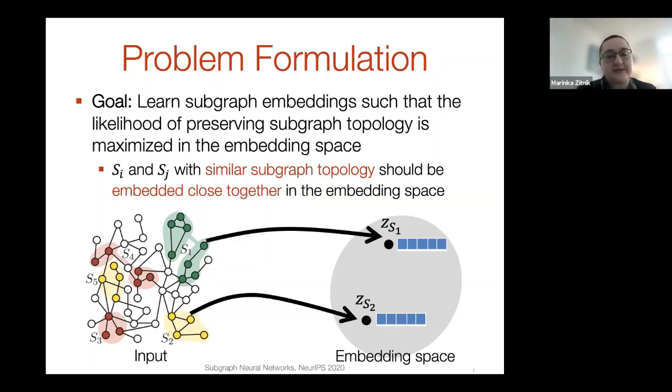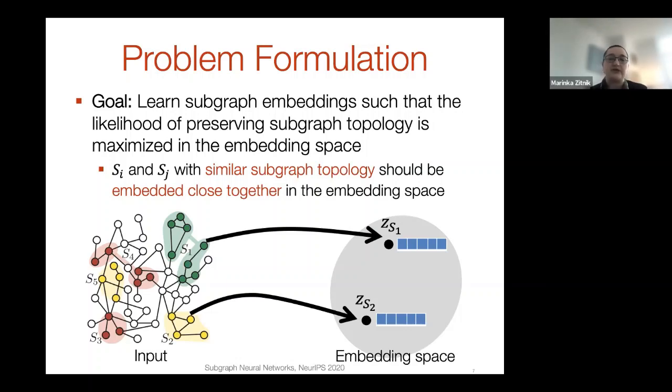So in other words, what we aim to achieve is that if two subgraphs, S sub i and S sub j, have similar subgraph topology in the input graph, they should be embedded close together in the embedding space. So the corresponding embedding vectors for the subgraphs, Z sub S1 and Z sub S2, should be given by points that are nearby in the embedding space.